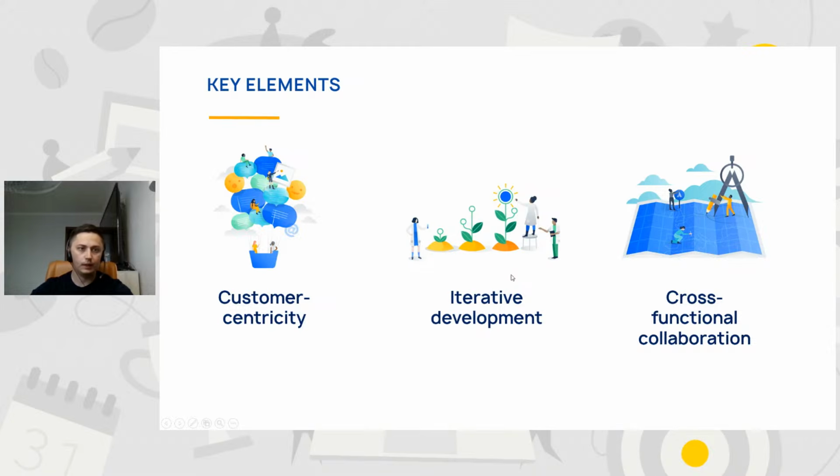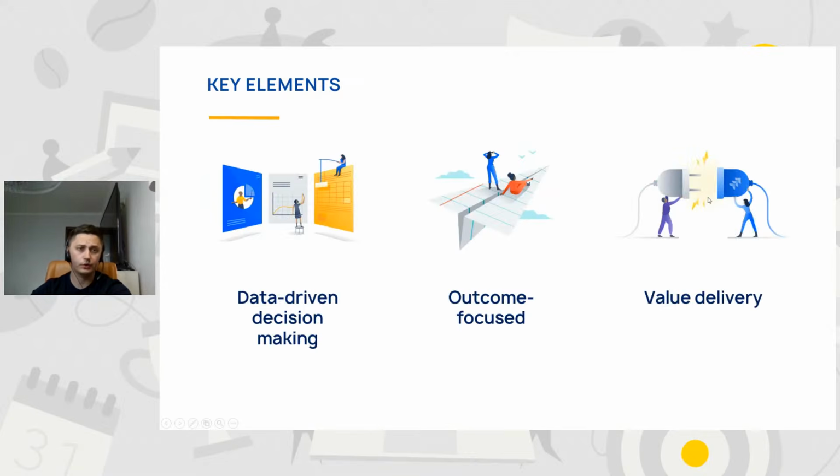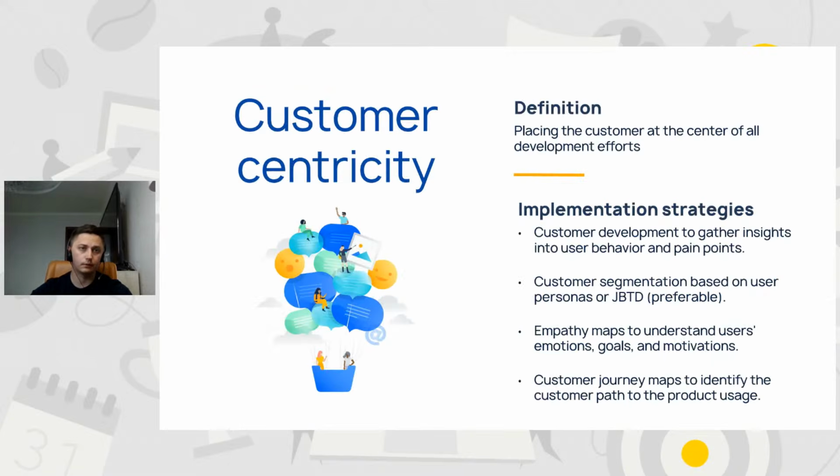When we talk about key elements of the product approach, I need to mention that it's customer centricity, iterative development, cross-functional collaboration, data-driven decision-making, outcome-focused, and value delivery. Exploring, for example, customer centricity, we need to understand that the customer is placed at the center of all our processes and development efforts.